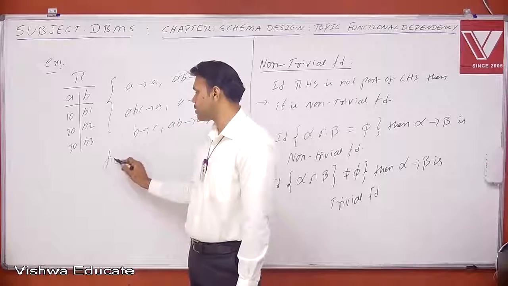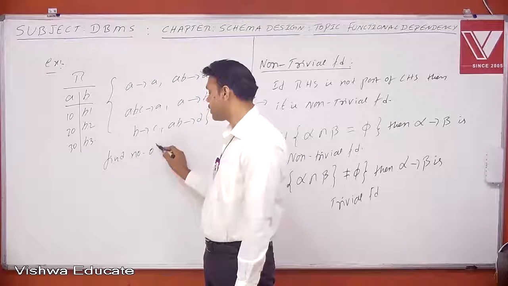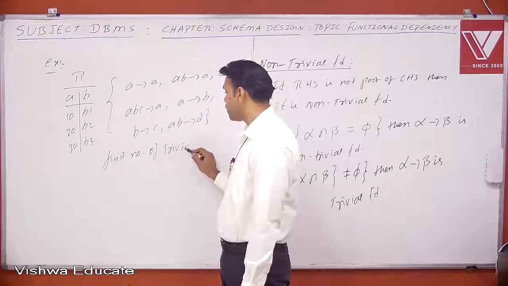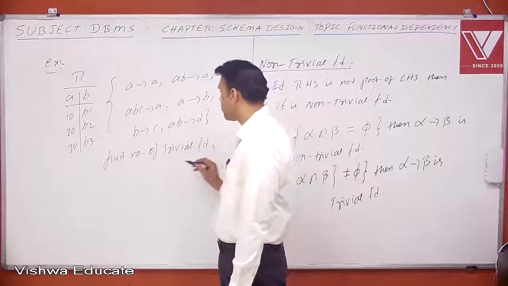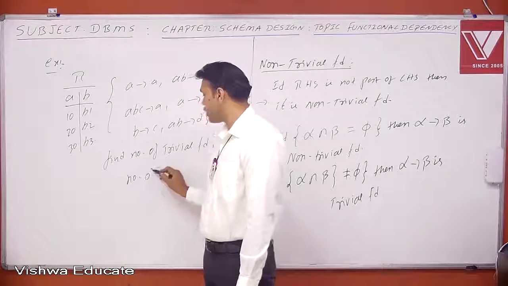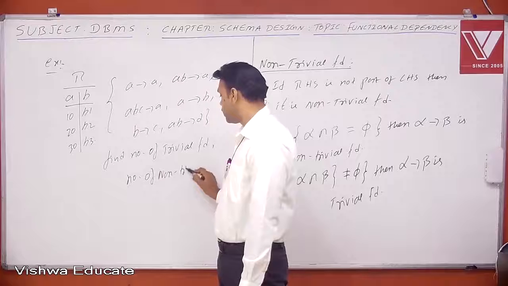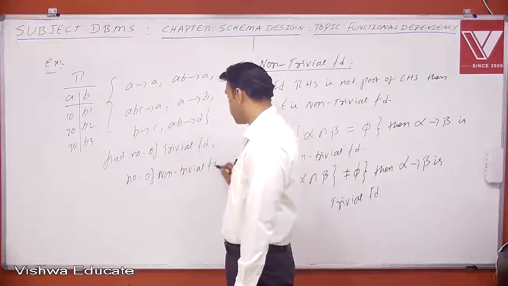So the question asks: find the number of trivial FDs and the number of non-trivial FDs.